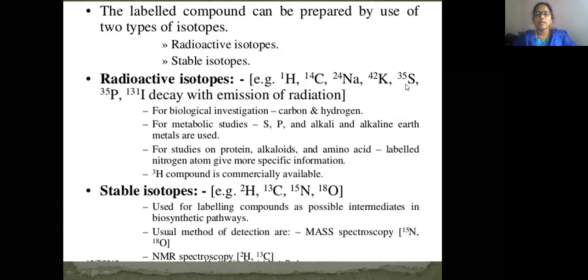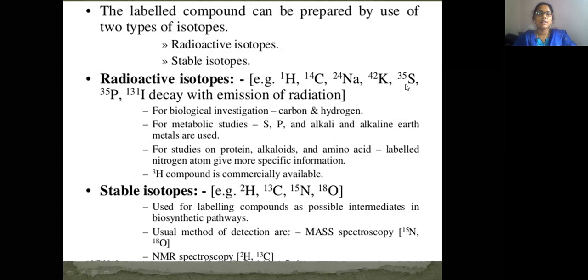In the case of hydrogen, deuterium and carbon 13, these are stable isotopes that do not emit any radiation, so they can be detected by using NMR spectroscopy.